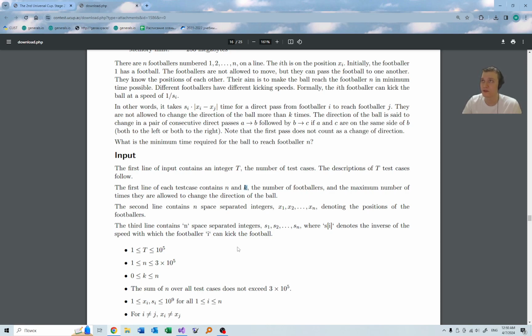And if you want to move the ball to some point in minimum time, you need the minimum of these linear functions. And this can be maintained by convex hull trick. Actually, we need two convex hull tricks, one for the left part, to the left of the first footballer, and one to the right of the first footballer.